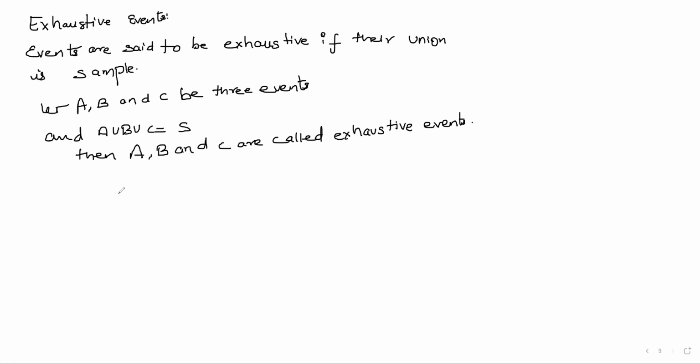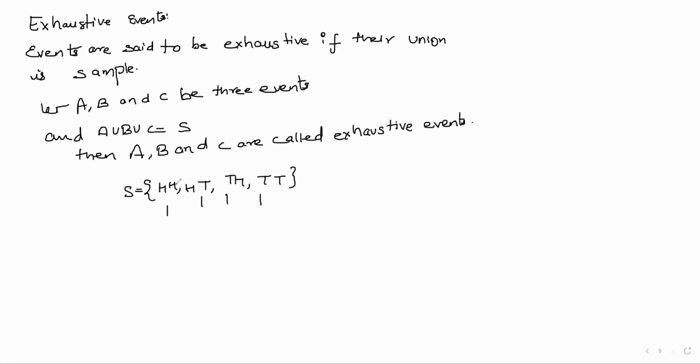For example, suppose we throw two coins: head-head, head-tail, tail-head, and tail-tail. A simple event is each single outcome. So if you take all these and find the union, then you will get the sample space. But if you select only 3, then you will not get the sample space.